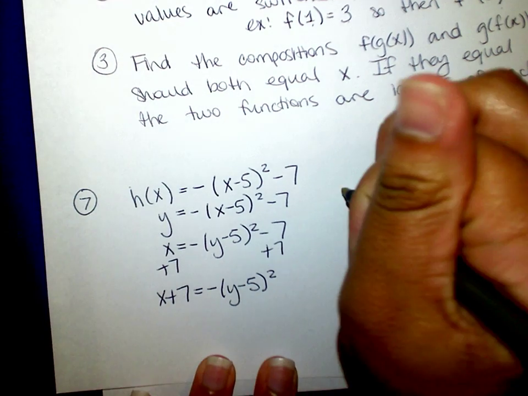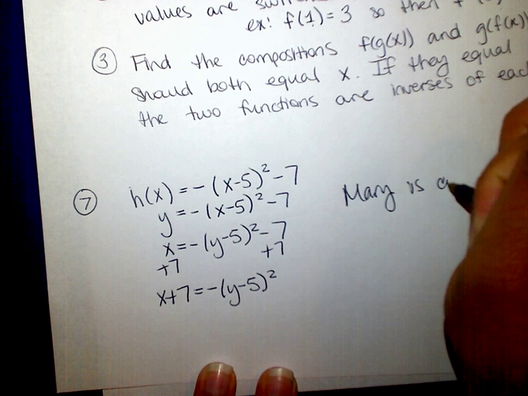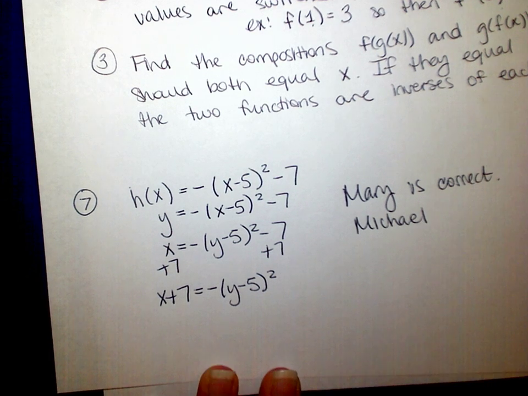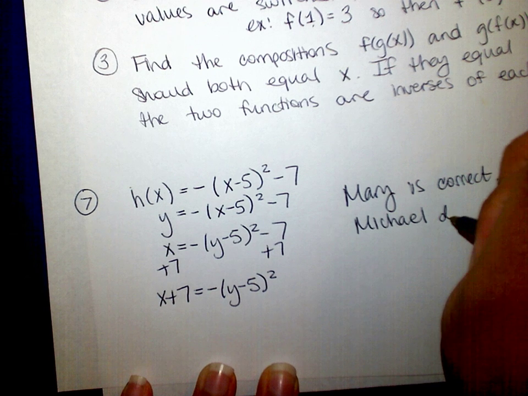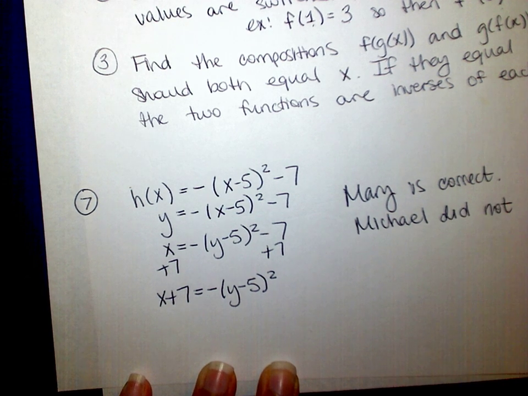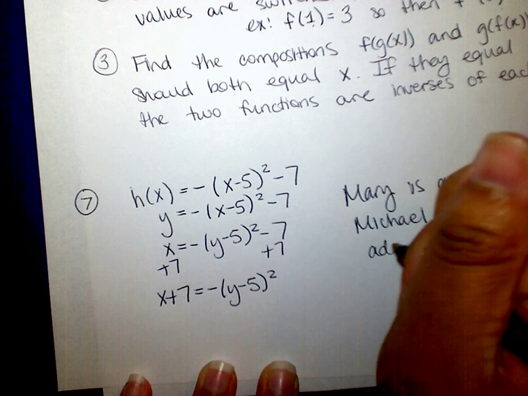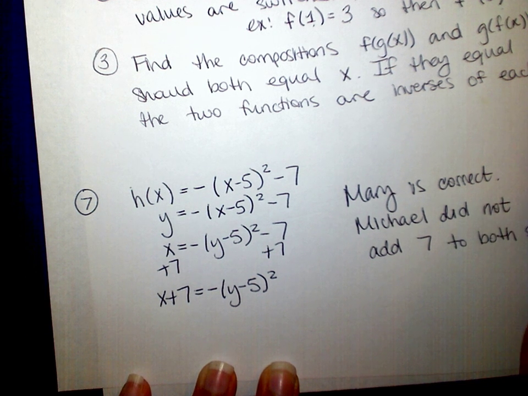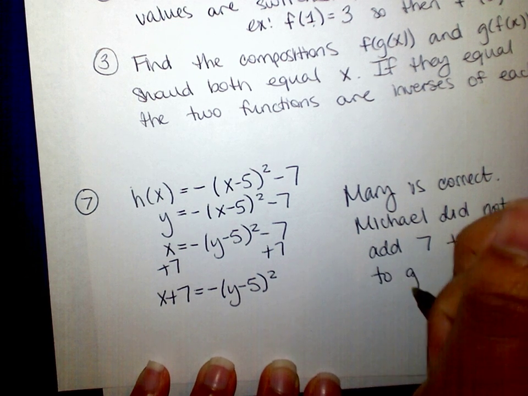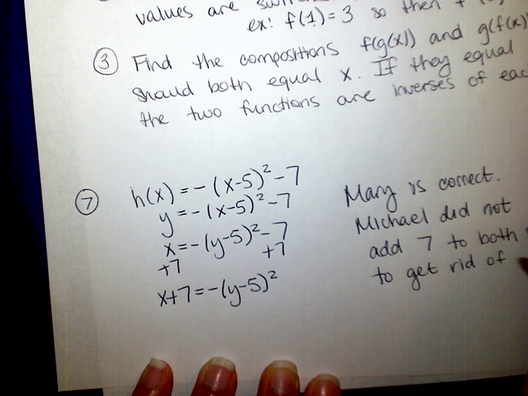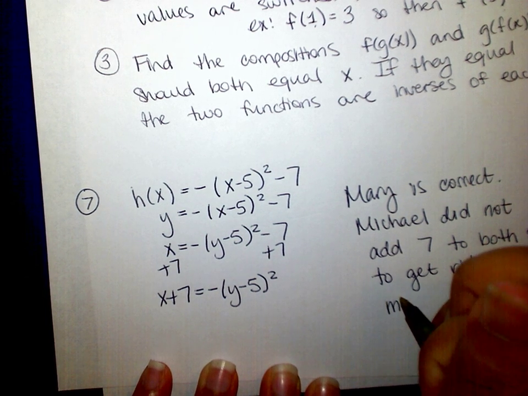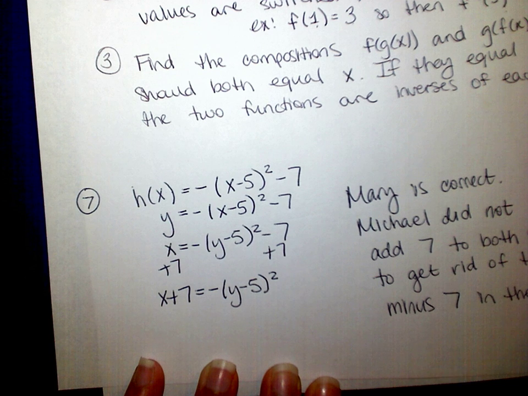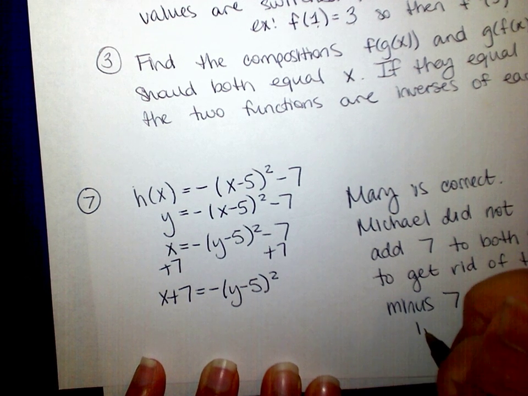So Mary is correct. Michael did not add 7 to both sides to get rid of the minus 7 in the third line.